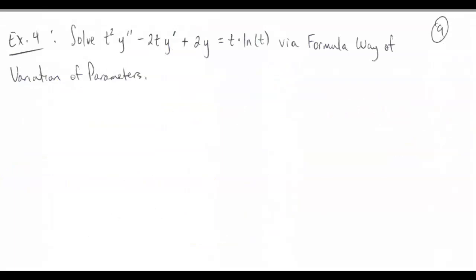Okay, so for our next example, as you see, we have another second order Euler-Cauchy non-homogeneous ordinary differential equation, but we're going to solve this by using the formula way of doing it. This time I'm going to showcase what it looks like if we use the formula verbatim, which implies that we have to write out our integration constants whenever we evaluate our integrals in the formula.